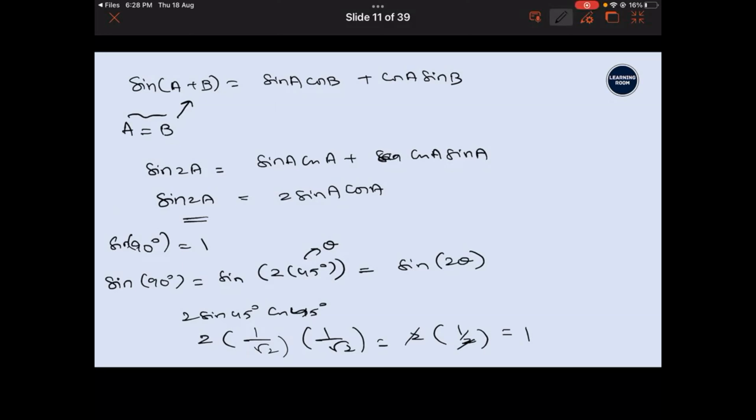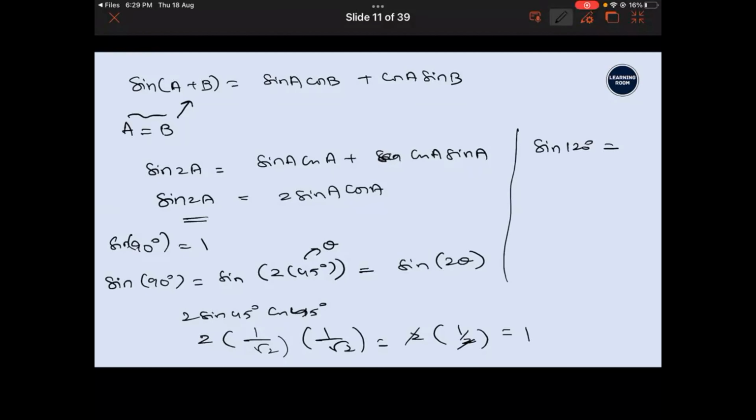Now see, for example, you want to find sin 120. Last class, I did a problem with cos 120. If cos theta is equal to minus half, theta is equal to 120 degrees. So, if I'm asking you sin 120, you don't directly know the answer.